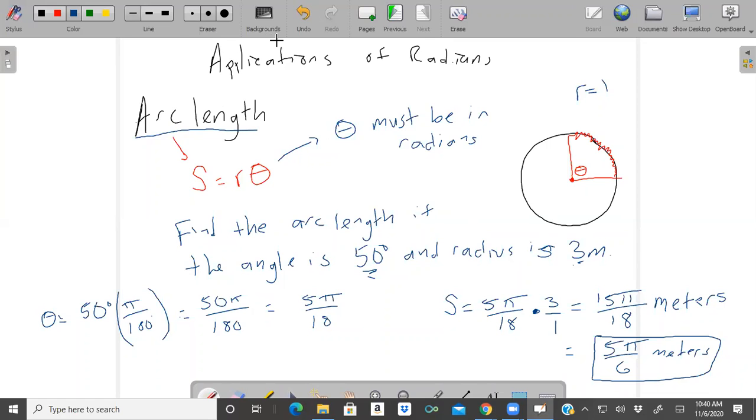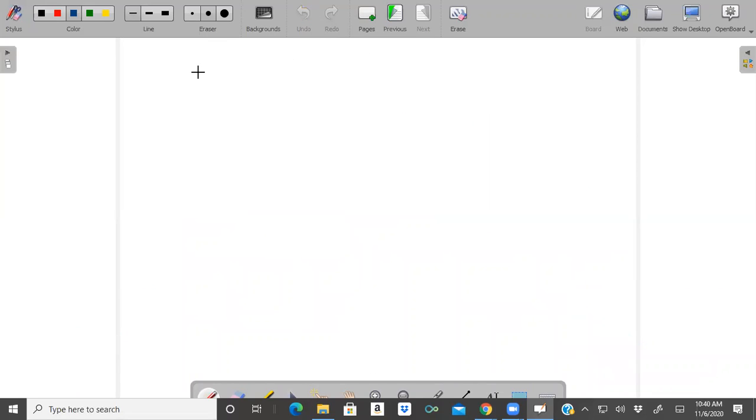The only thing that's going to be a little bit different is there are some questions in your book that would say something like, find the radian measure. I can't write on this thing at all.